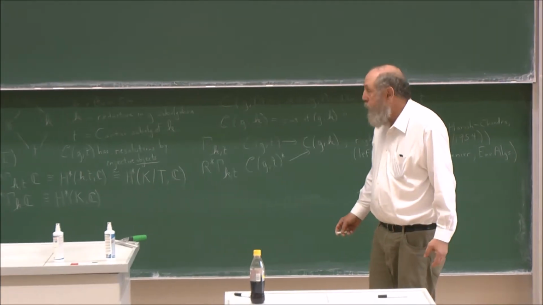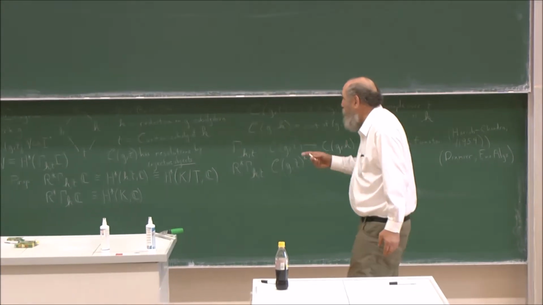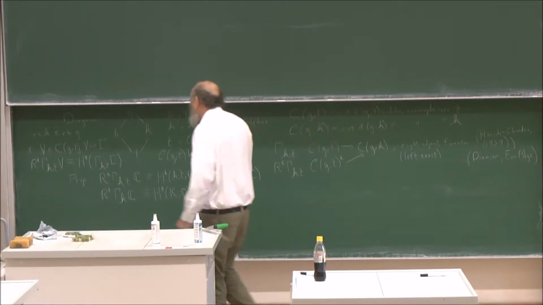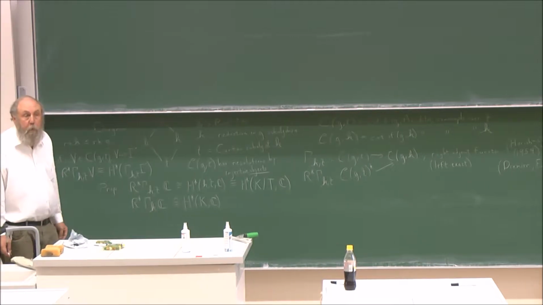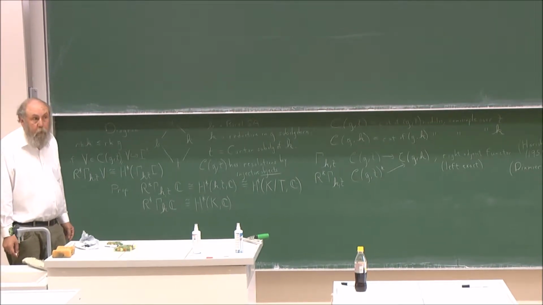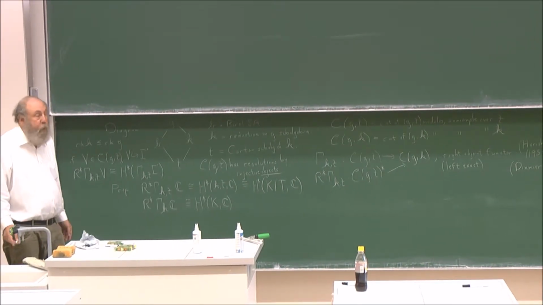So the input should be a choice of GT module for which the derived functors are computable, or at least related to something computable.